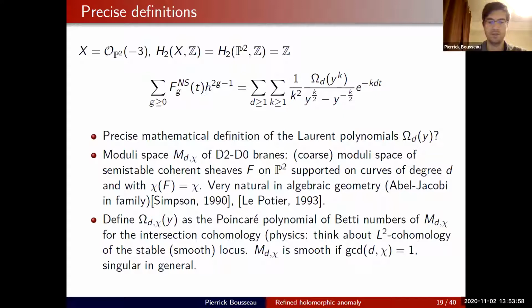Quantum mechanically, the fact it's not compact is not a problem. You just want to look at things satisfying some kind of L2 condition, but with the appropriate metric on this non-compact part. And the claim is that computing this L2 cohomology of the non-compact part is the same thing as computing this intersection cohomology of the compact object, which is singular. It's just two ways to encode the information.